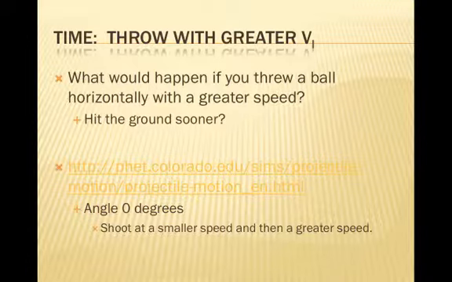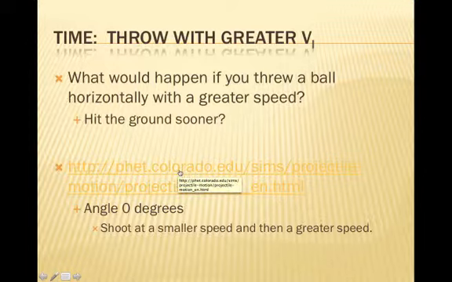If I take the ball and throw it harder horizontally, so it leaves my hand with a greater speed, will it hit the ground sooner than throwing it with less speed? Okay, will it hit the ground sooner? Now I'm going to bring up this app here and we're going to play with this.